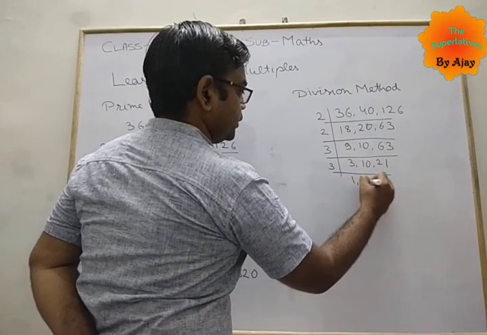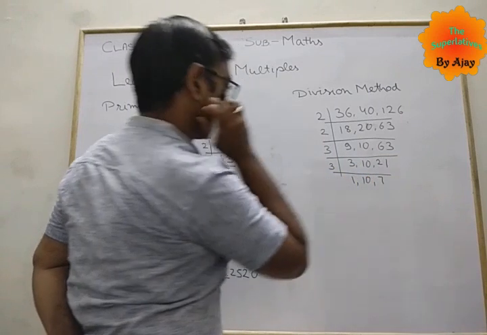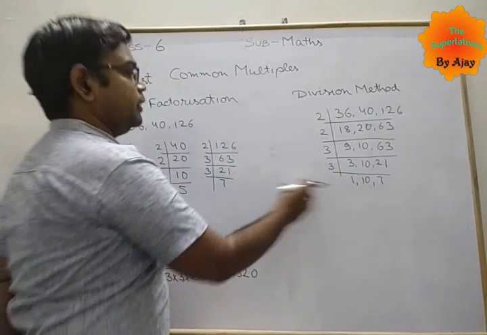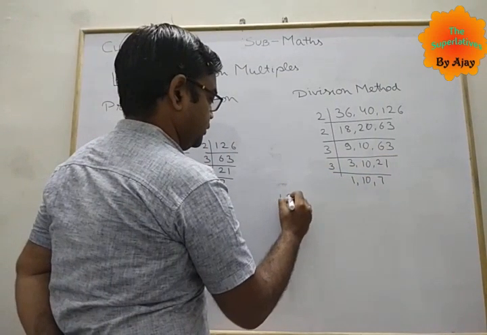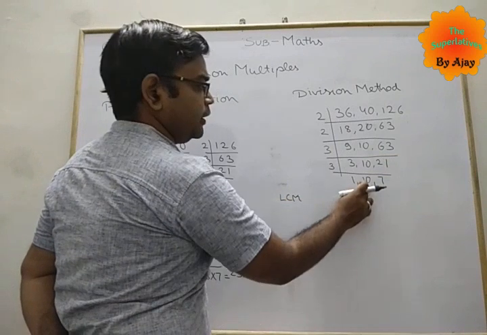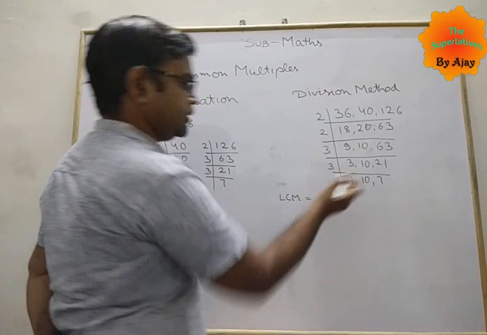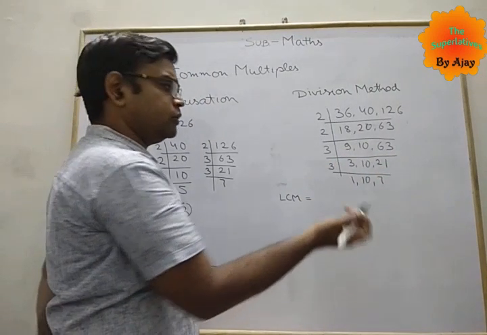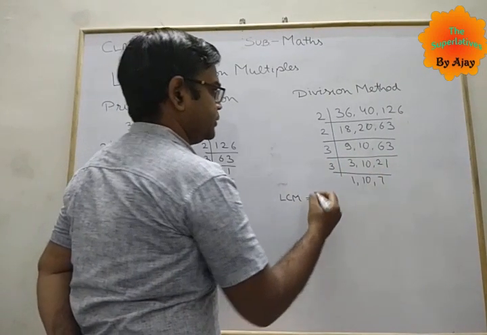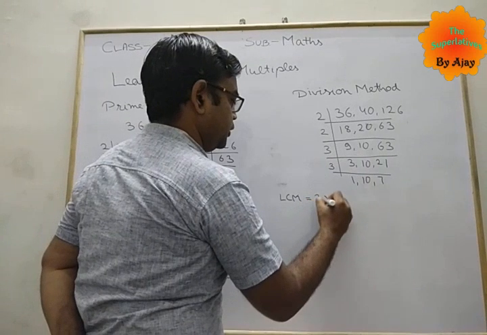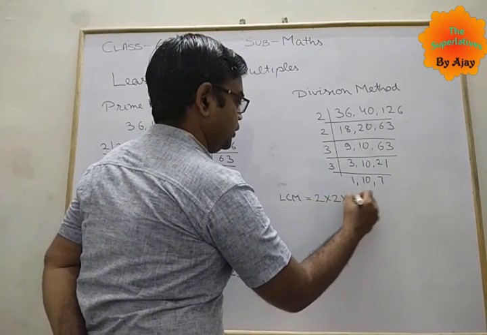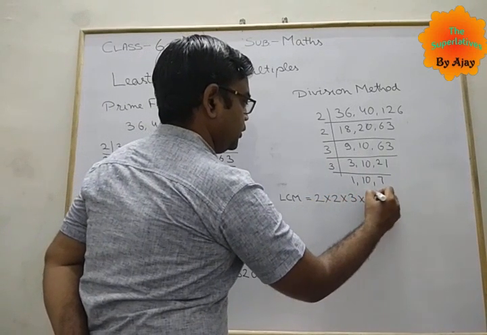We need not divide the rest, because 2 into 5 is 10 and we will multiply 10. That's why we are not going to find the factors. 2 into 2 into 3 into 3 into 10 into 7. First we must check and use the common one.